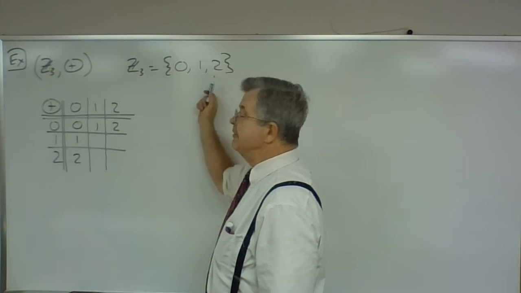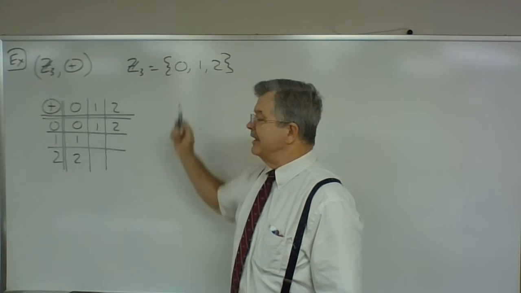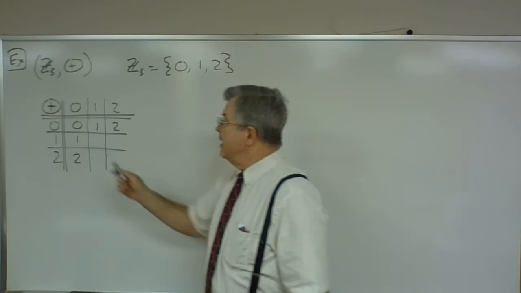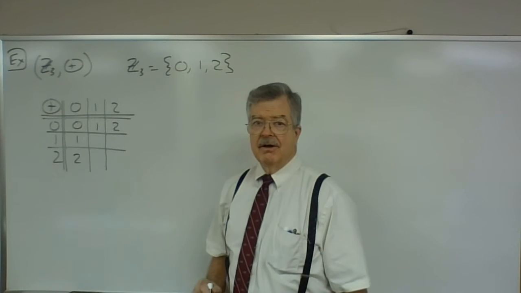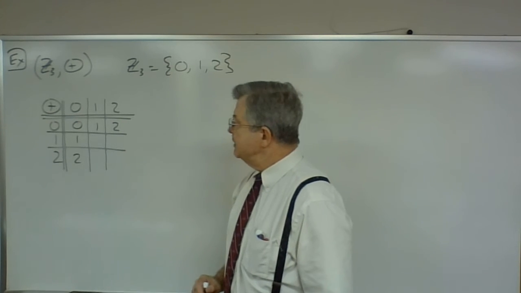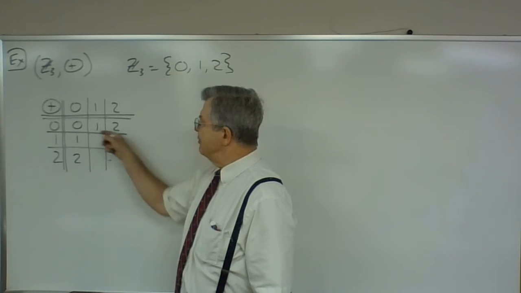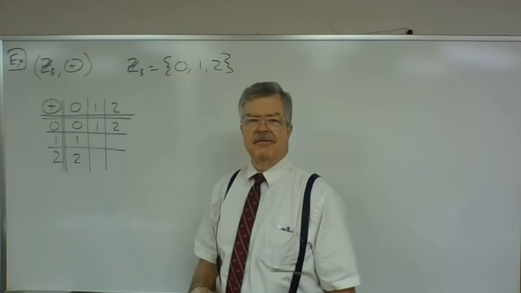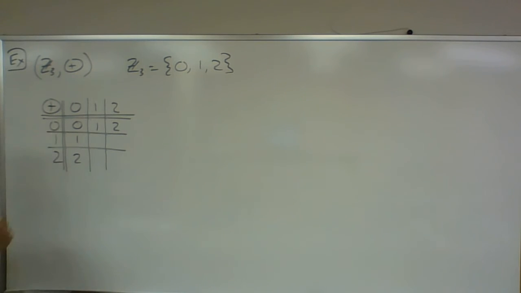So 0, 1, and 2 are the possible remainders, and they're the elements of the set Z sub 3. Our binary operation is addition modulo 3. 0 is the identity, so I've taken the liberty of filling out the first row and the first column of the table. Let's fill in the other cells of the table.